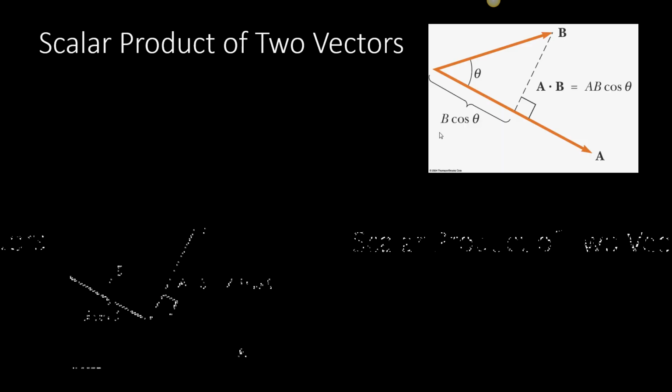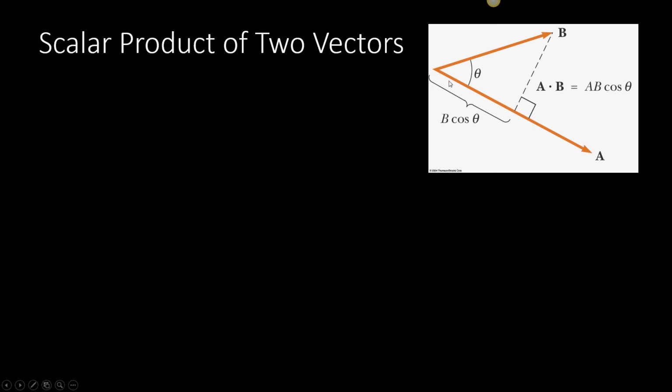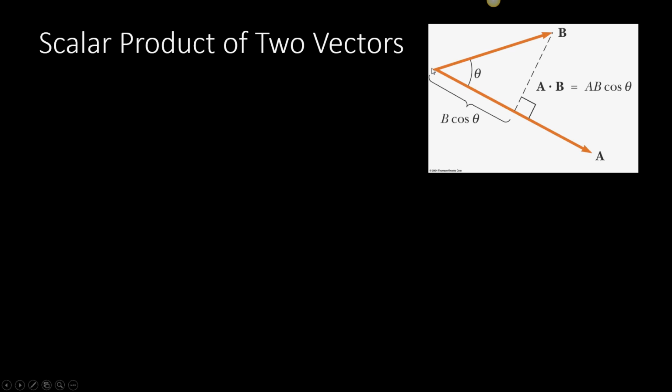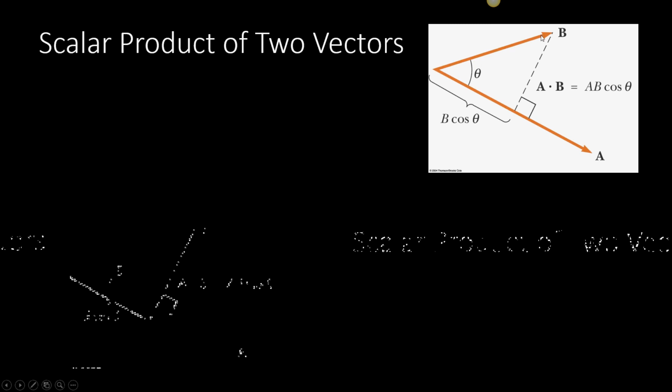So A would have been the distance along the floor that the vacuum cleaner is moving, and B would have been the force supplied by the vacuum cleaner cord that's going to pull the object upward. So we have A dot B is defined as, this is a definition, what it means when we have a dot product between two vectors.